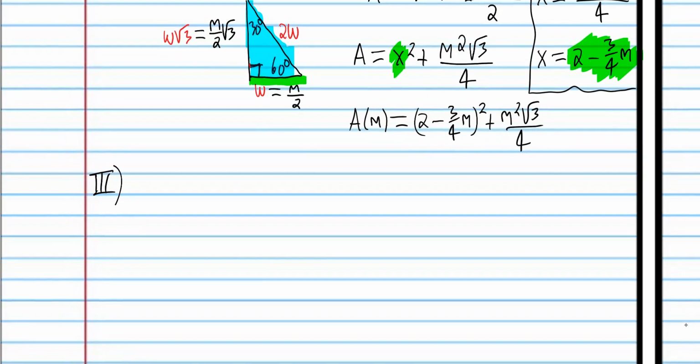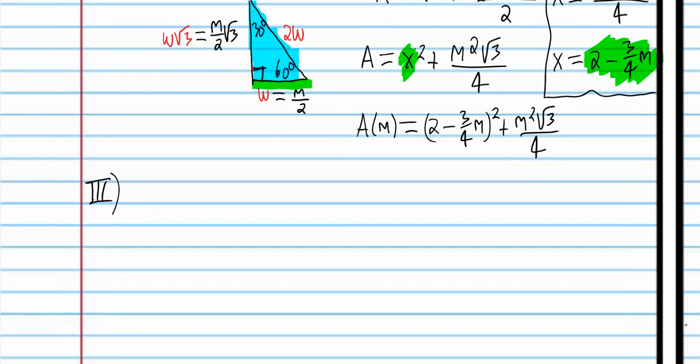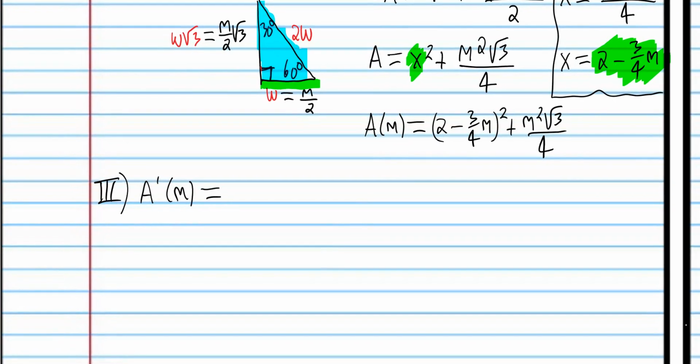You can do that if you want, but I'm just going to use the chain rule because that's going to be easier, and I think it's good for us to practice the chain rule. So the reason we have to use the chain rule is because we have a blue function inside a bigger green function. See that? So we're going to take the derivative of the outside function.